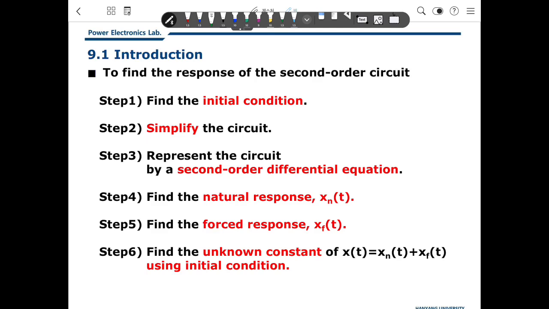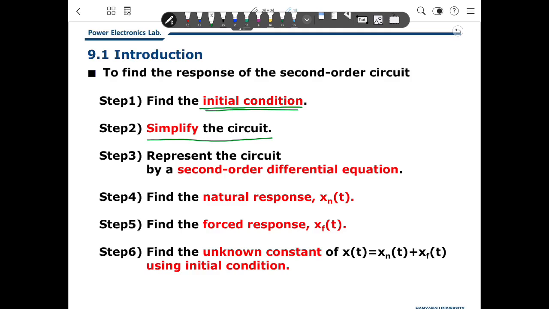First, we need to know the initial conditions, so we have to focus on how to get them. The next step is to simplify the circuit, except for the variable we want to know, using tools such as the Thevenin equivalent circuit, Norton equivalent circuit, source transformation, KCL, KVL, whatever it is.